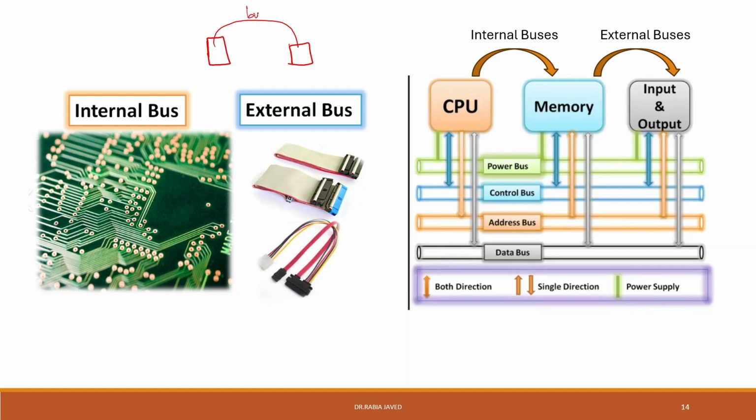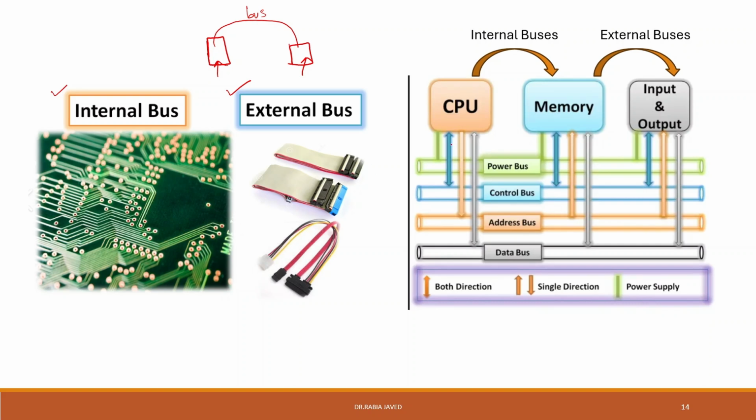So this is our bus, and this is our device 1, this is our device 2. So our bus is connecting both of them. There can be an internal bus and there can be an external bus as well. We have different types of buses which we just talked about: data bus, control bus, and address bus, and they have particular tasks that they do.